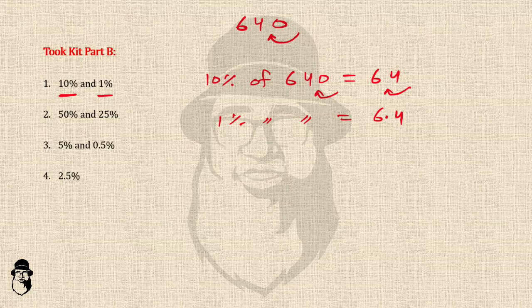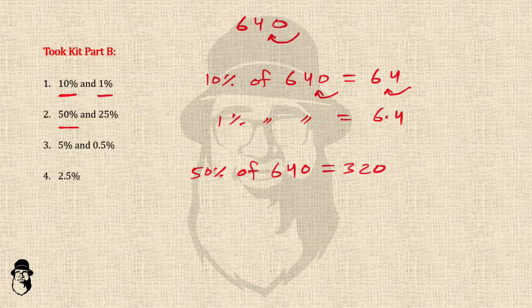Now, here comes the help of our toolkit part A. If we want 50% of any number, we just take half of that number. And we know half of 640 is 320. So 50% of 640 is 320, right? Half of 640.